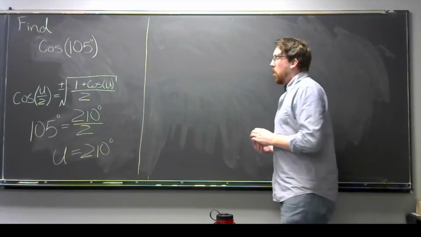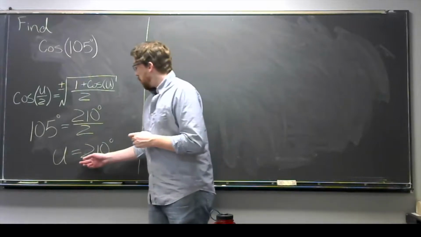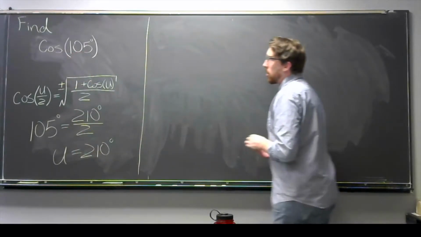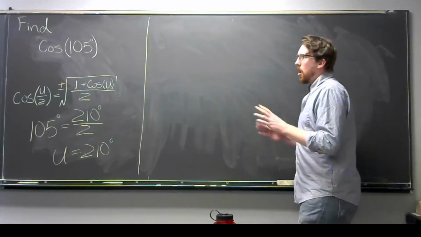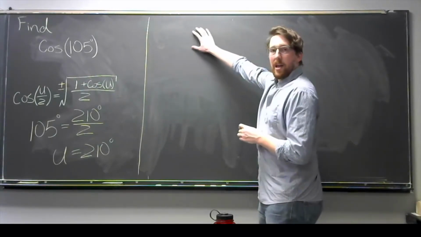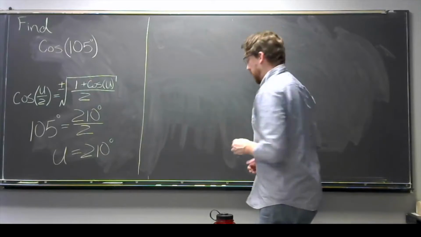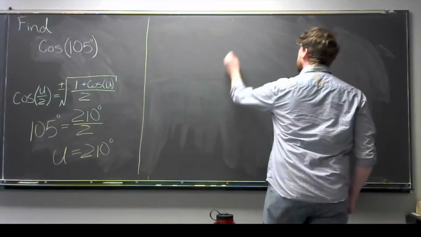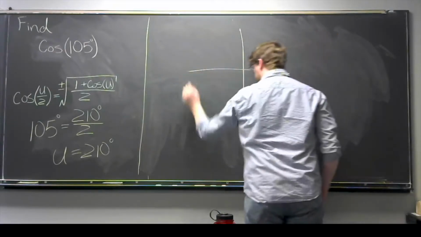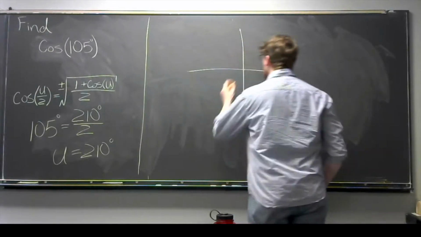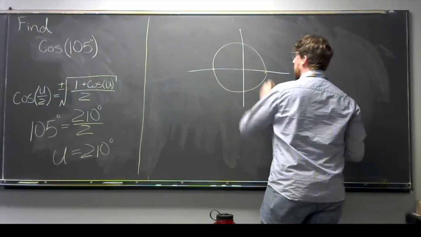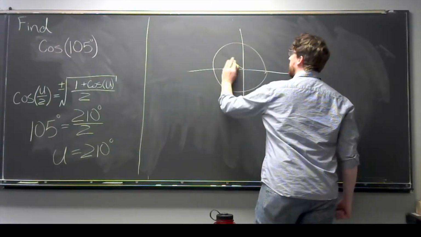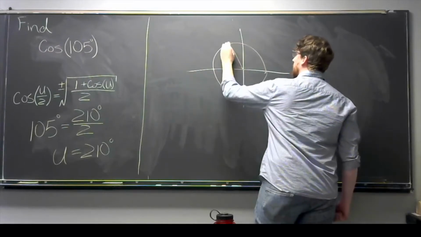Okay, we also know where 105 degrees lives. 105 degrees lives in that top left quadrant, right? On the unit circle, 105 degrees is going to live somewhere up here, right?